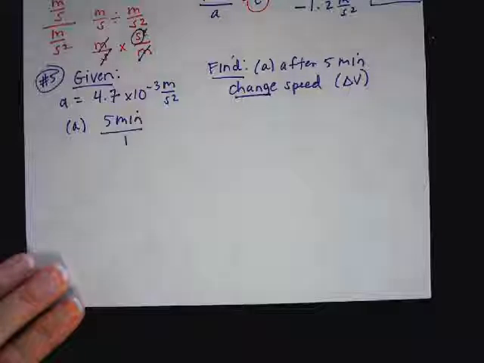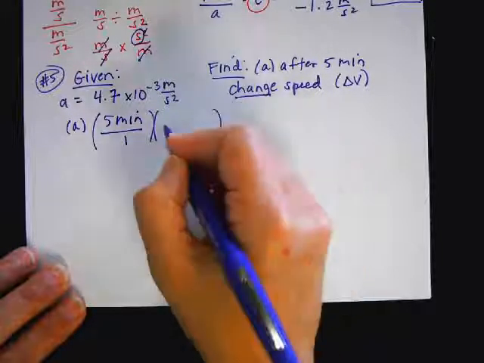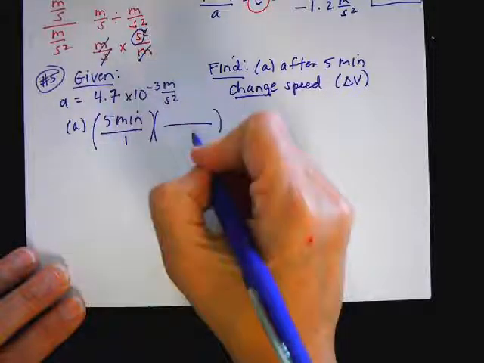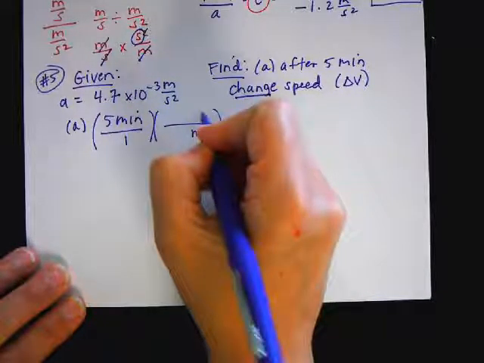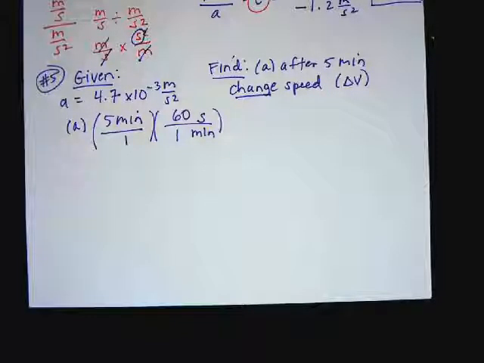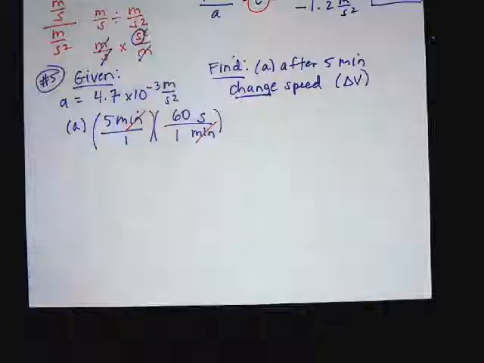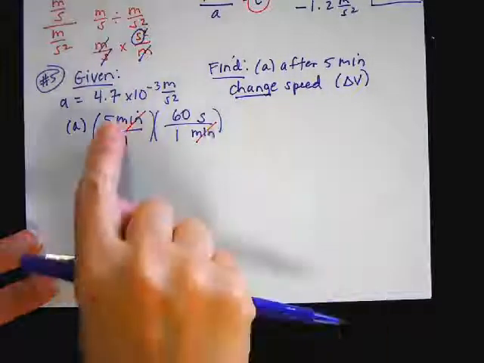So if I have minutes in the numerator, I put minutes in the denominator, and I want to go from minutes to seconds, and there's 60 seconds in 1 minute. So this minute in the numerator cancels with that minute in the denominator. And I need a calculator, because 5 times 6 is 30, and then I add a 0, so this is going to be 300 seconds.